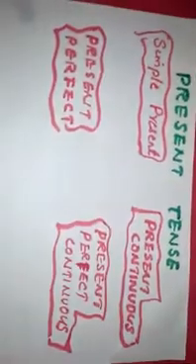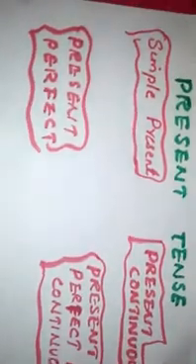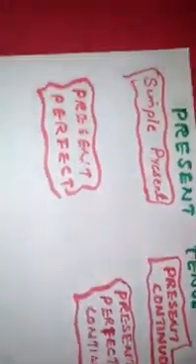Today, let's see about the present tense in detail. Present tense has four forms. They are simple present, present continuous, present perfect, and present perfect continuous tense.